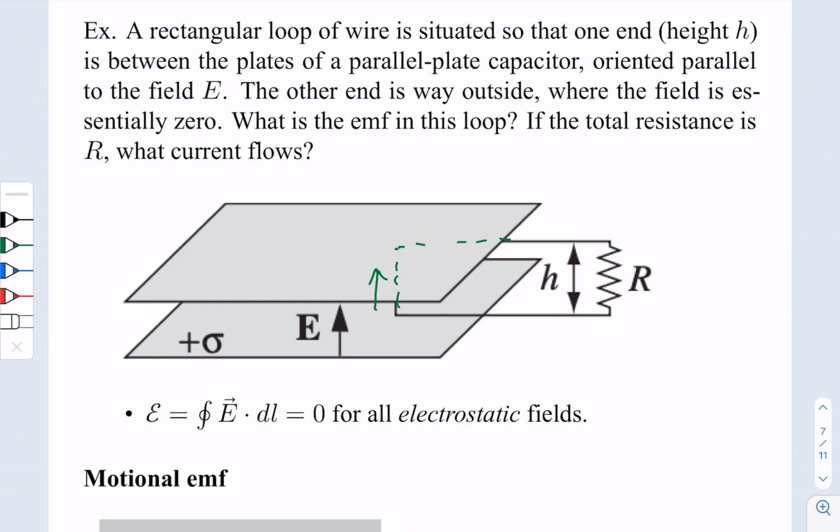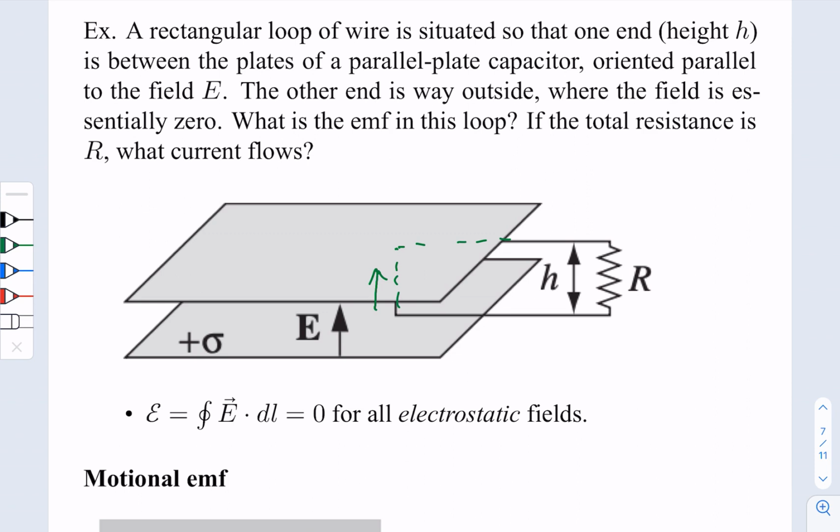There will always be somehow a current flowing in this resistor, and there will be infinite heating on this resistor, right? So do you know what went wrong? Why should the integration of this E·dl equal 0?